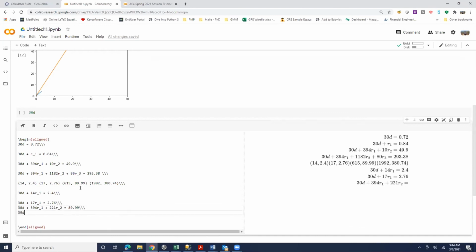Then finally 30D plus 394R1 plus 1182R2 plus R3 times 1576 minus 1576 is 392, so 416, equal to 380.74. So these could be 2 sets of equations.